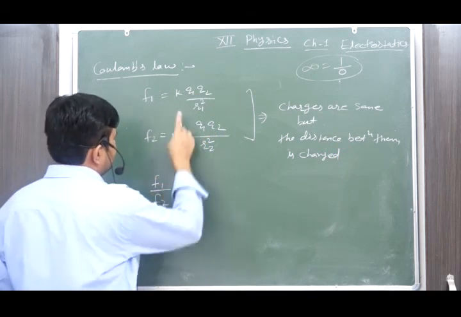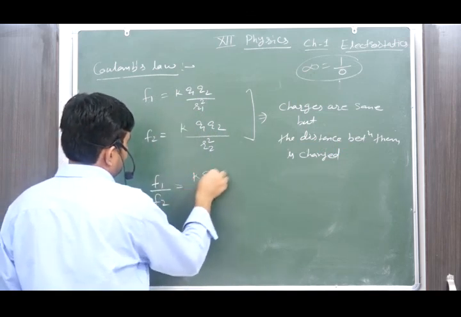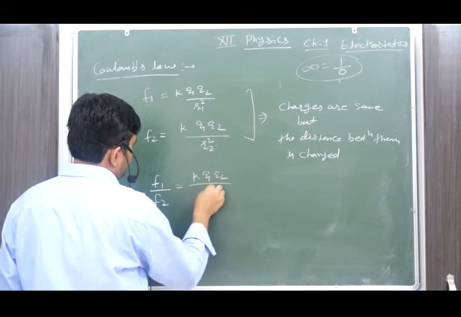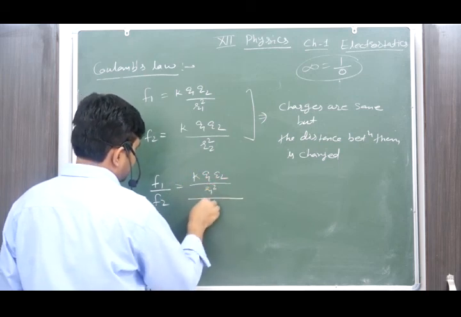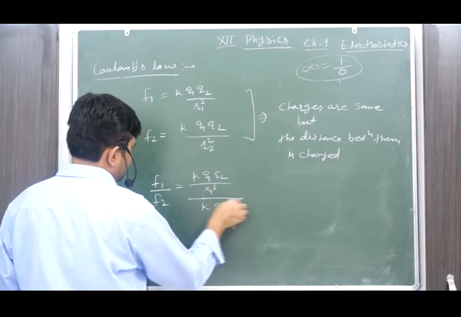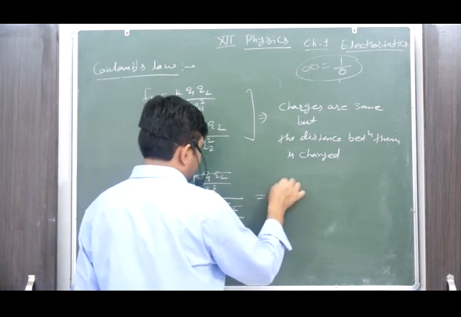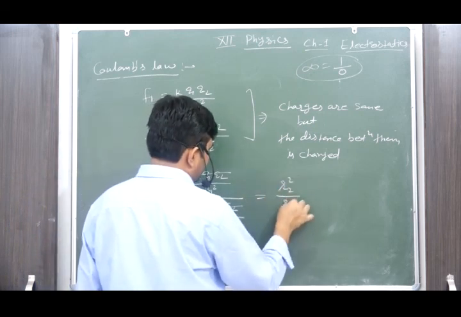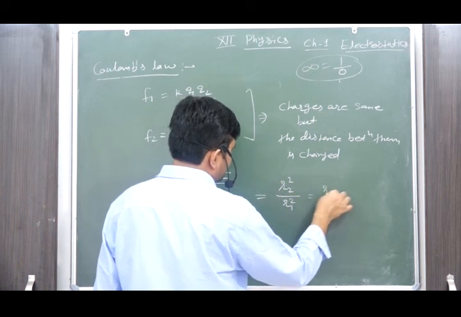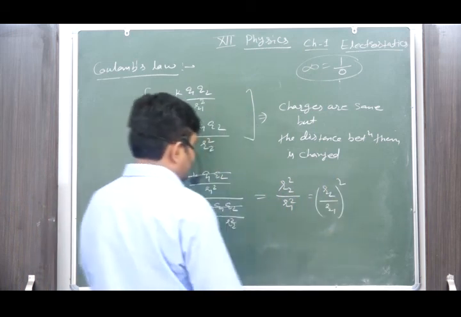F1 upon F2 is K Q1 Q2 upon R1 square divided by K Q1 Q2 upon R2 square. Considering this, we get R2 square upon R1 square, which is R2 upon R1 whole square.